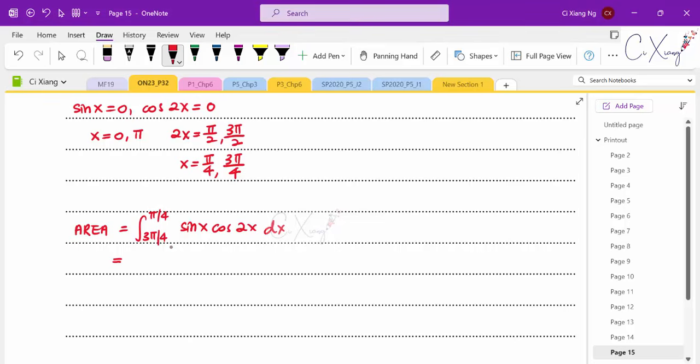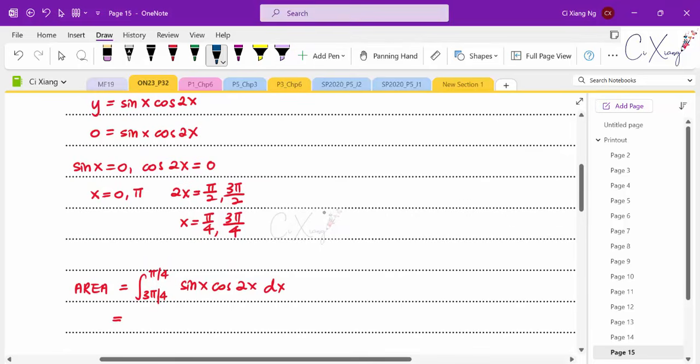Previously, in many examples or past year questions that involve integration, maybe in the first part the question will ask you to prove some result so that you can apply it in the second part. But for this one, generally they didn't give us any hint, and basically there are many ways to integrate this particular function.